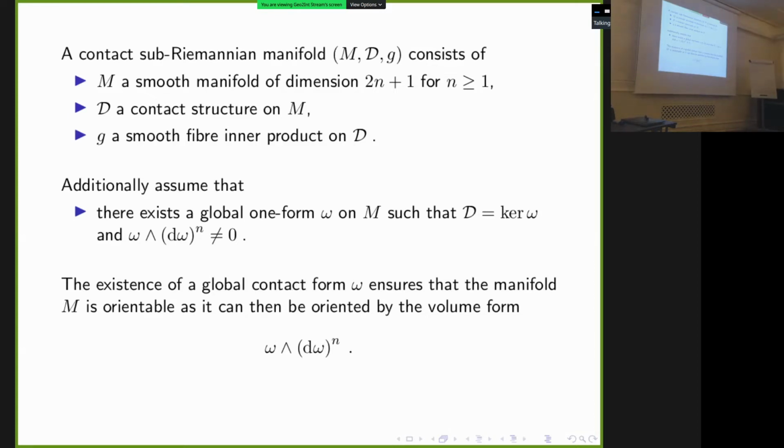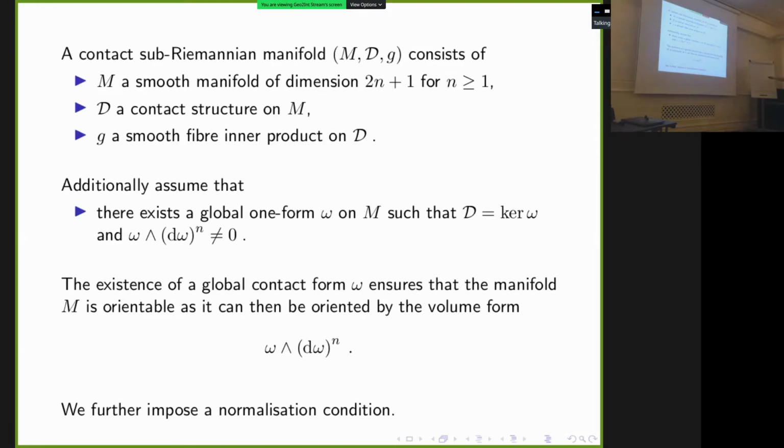One last thing to highlight: I'm not going to give the exact normalization condition, but you have a certain choice of how you choose omega a priori, because your distribution is just given as the kernel. If you multiply omega by a function which is positive everywhere on M, this changes omega, but it still satisfies this non-degeneracy condition. You still end up with the same distribution.